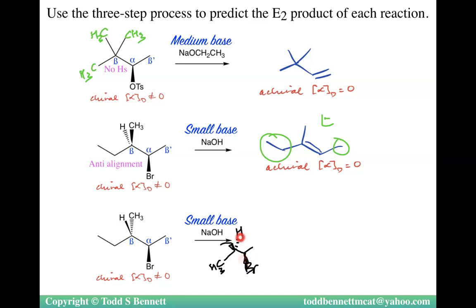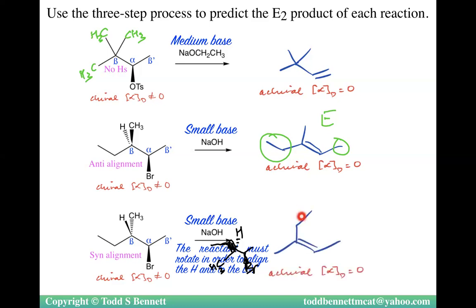So now when these get eliminated, the CH3s are opposite one another instead of on the same side. So you have to rotate it into the anti alignment. The reactant must be rotated, and it just so happens I wrote right in the way of it, and I apologize for that. It's also just really hard to see. Unfortunately, when I get to the bottom of the page, it doesn't turn out very well. But the key point is the ethyl is going to be on opposite sides. So in this case, the bulkier groups are on the same side, so same side, cis. So that is a Z product.